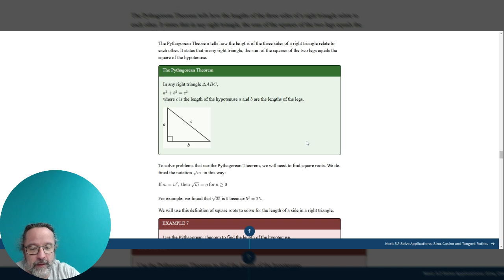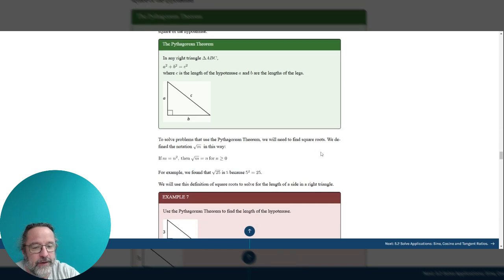To solve the problems that use the Pythagorean theorem, we need to find square roots. That harkens back to chapter 1 where we were using our radical. Remember, with no number in the little saddle there, we automatically assume a positive 2, a square root. So if m equals n squared, then the square root of m is n, for n greater than or equal to 0.